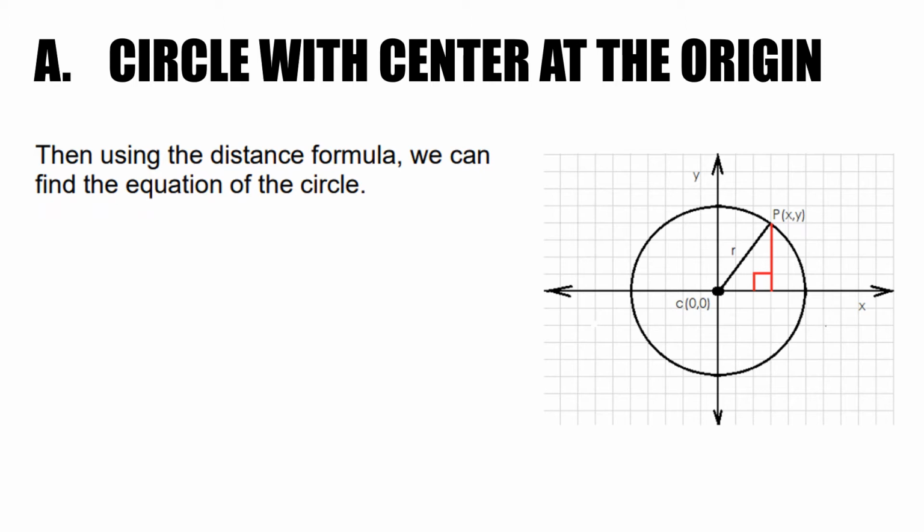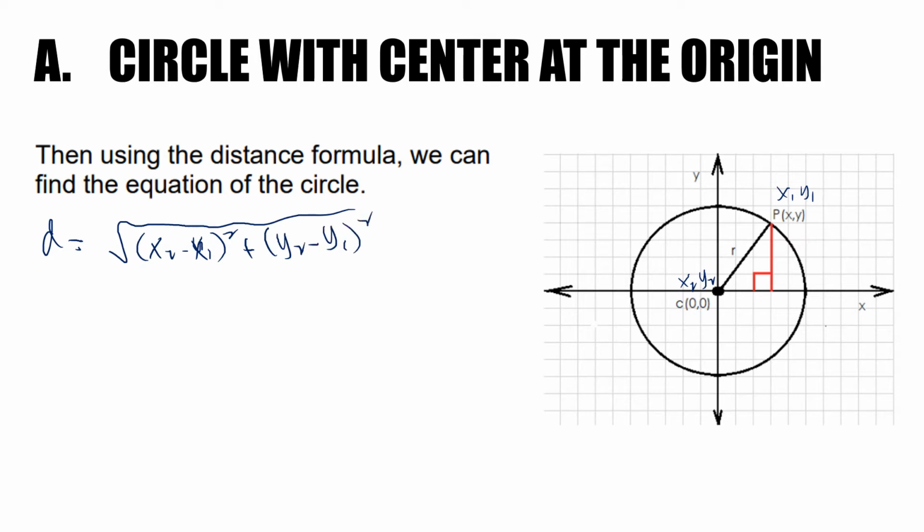Alright, so how will we do that? We are going to use the distance formula again, but we represent this one as x sub 1, y sub 1, and x sub 2, y sub 2. Okay? So, therefore, distance is equal to the square root of x sub 2 minus x sub 1 squared plus y sub 2 minus y sub 1 squared.